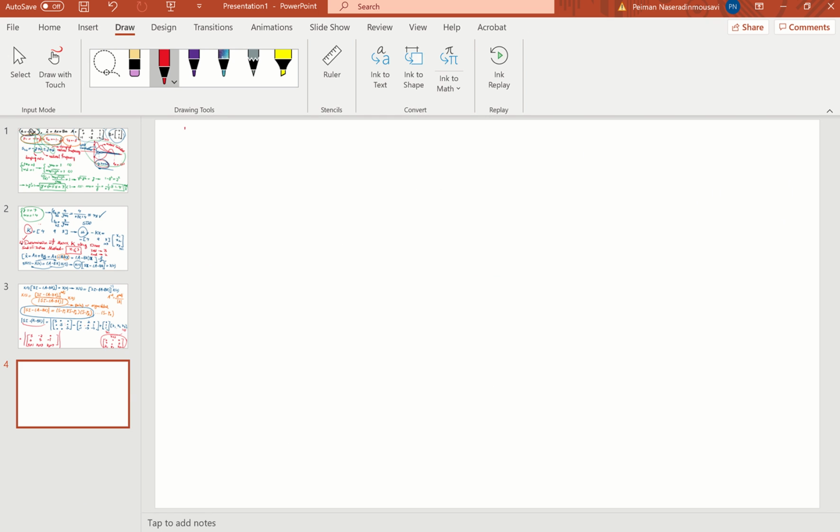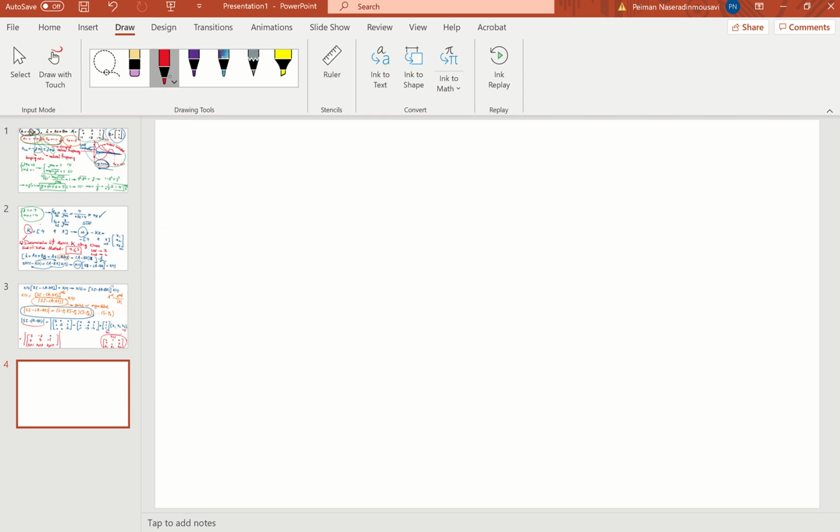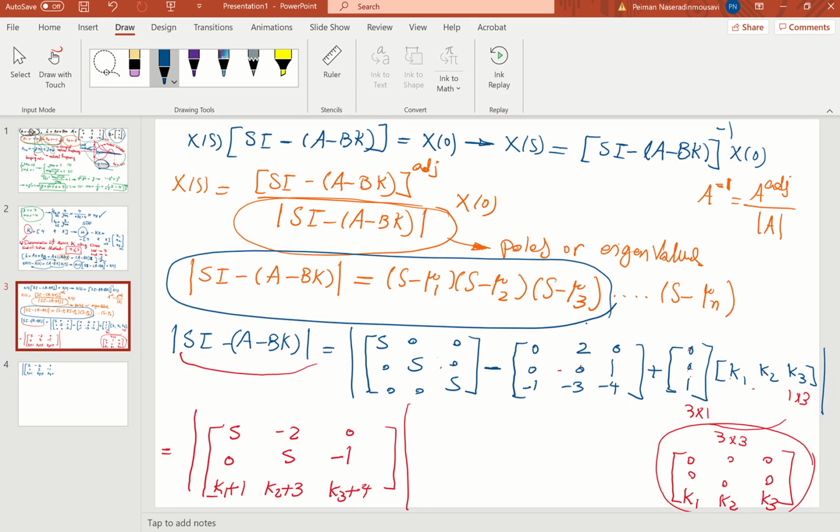Here we go. This is the determinant of, let me change the color because it's too much red: s minus 2, 0, 0; 0, s, minus 1; k1 plus 1, k2 plus 3, and I see I'm missing s here: s plus 4 plus k3.